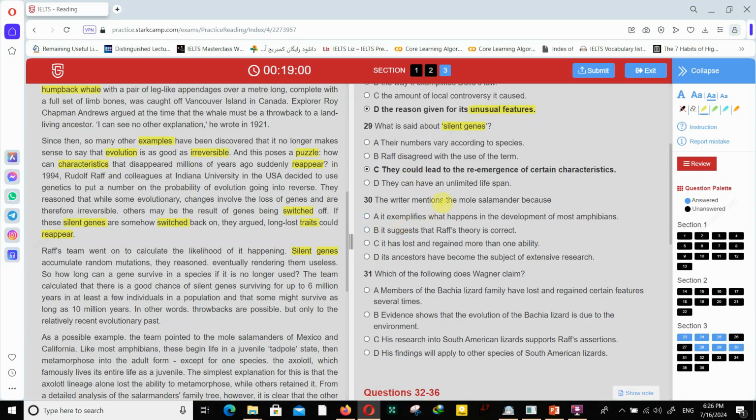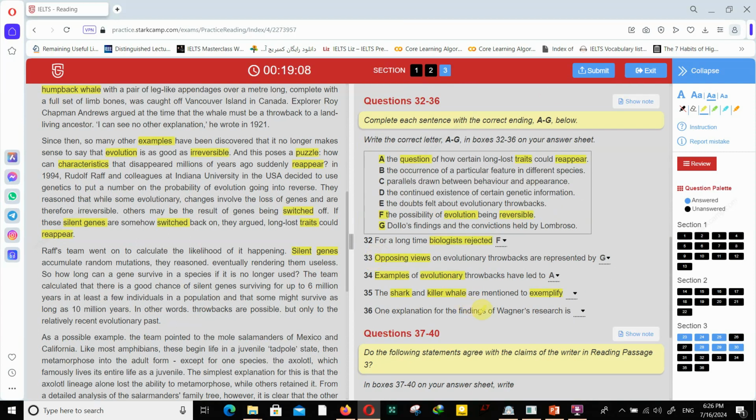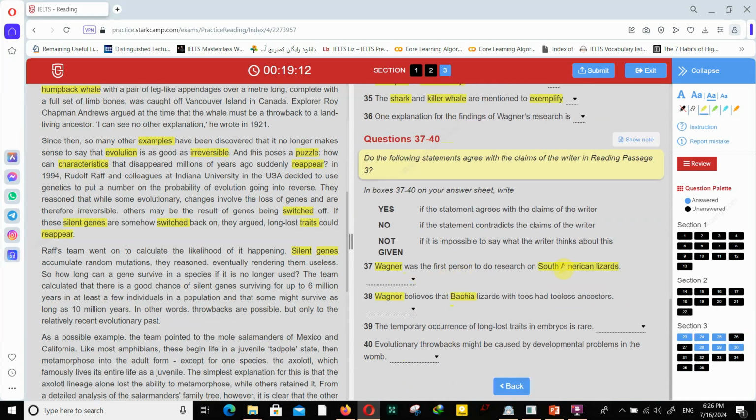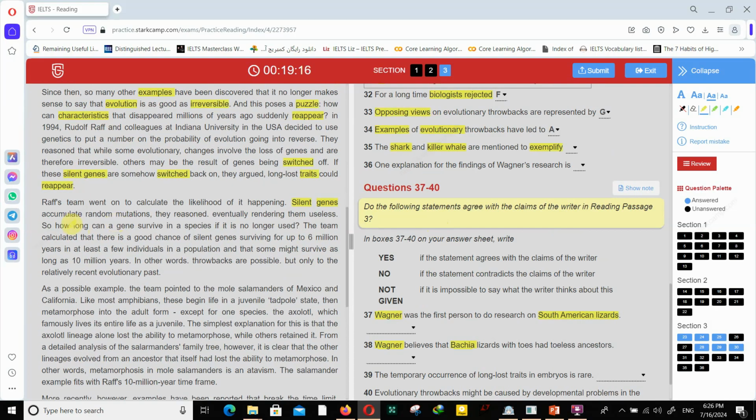Now, next question. The writer mentions the mole salamander because, and again, be careful. Where are we in here? Shark and killer whale, Wagner and Wagner Bachia. Okay, so Ruff's team went on to calculate the likelihood of it happening. Silent genes accumulate random mutations, they reason, eventually rendering them useless.